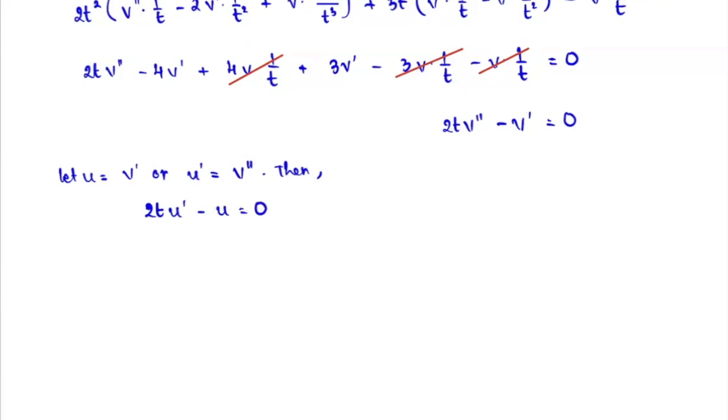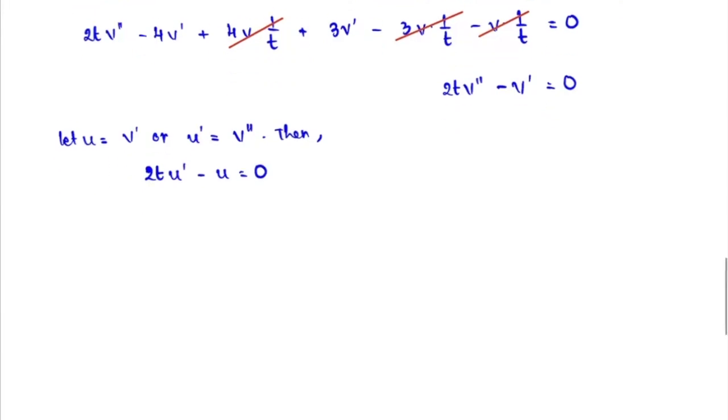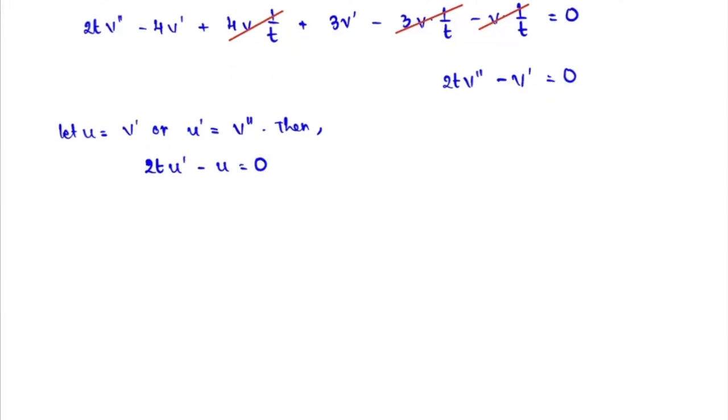Again, what I did is that I let u equal to v prime, and therefore u prime equal to v double prime. Okay. Now I'm going to work with the variable u instead of variable v. We're going to make a resubstitution later. So this is the first order differential equation. So hopefully you know how to tackle this one. Right? So turn u prime into du dt.